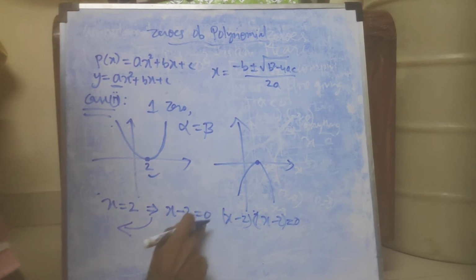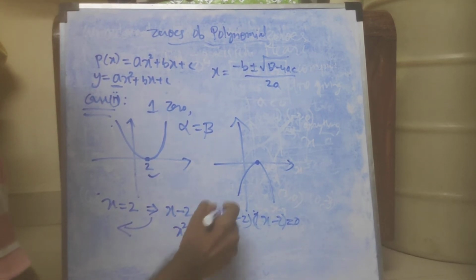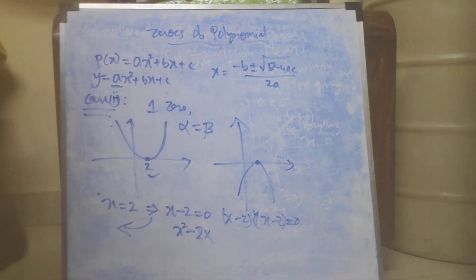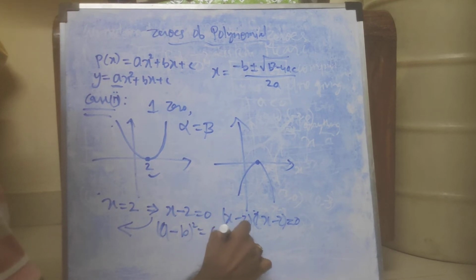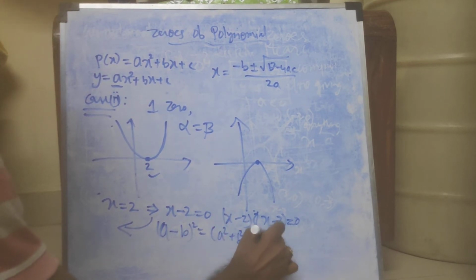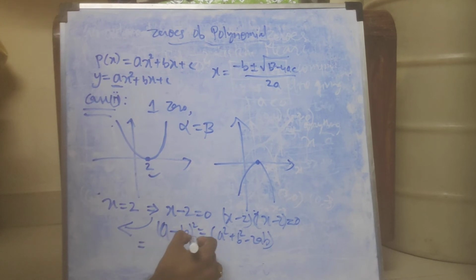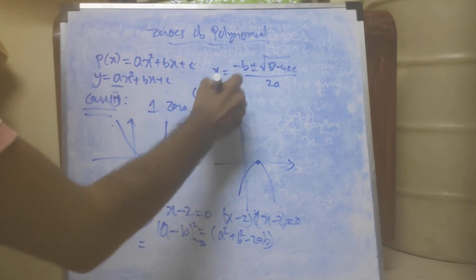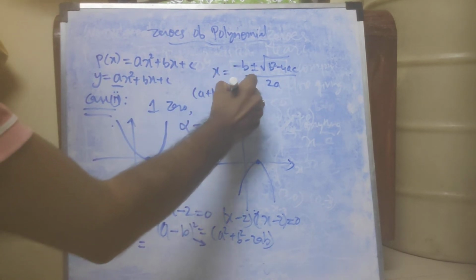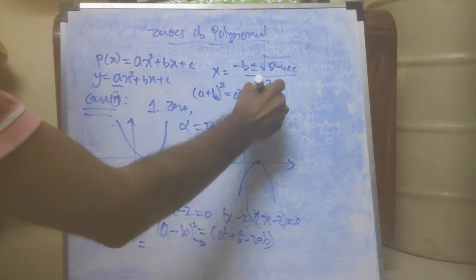If a minus b whole square is equal to a square plus b square minus 2ab, so if I use this identity, which is needed, and also one more identity I will straight away state: a plus b whole square is equal to a square plus b square plus 2ab.